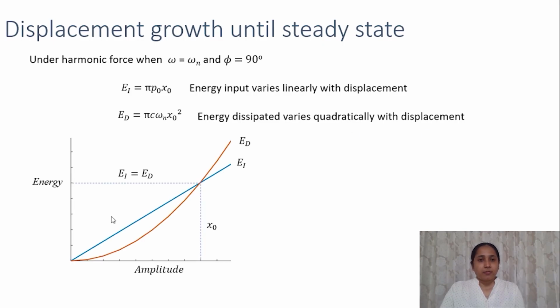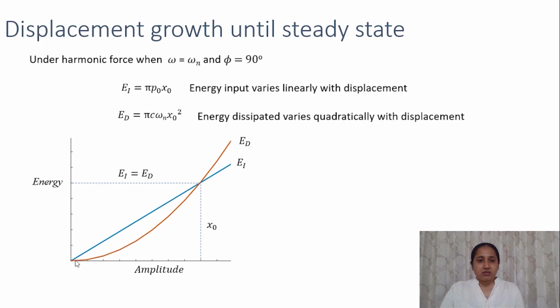Now let's plot these two expressions. The input energy E_I varies linearly with x naught. Here the displacement amplitude is on the x-axis, and we have energy on the y-axis. So E_I is linear, and the energy dissipated varies quadratically.